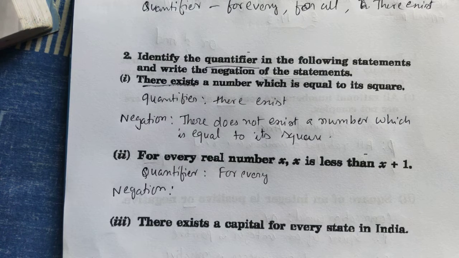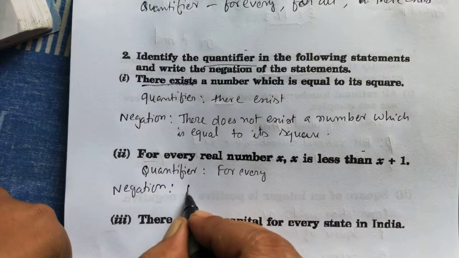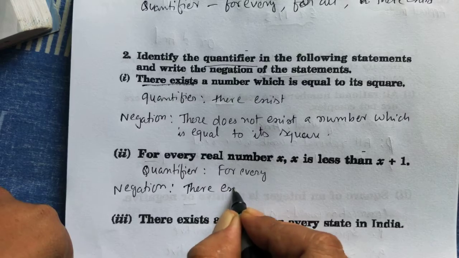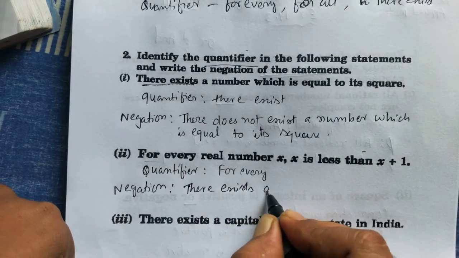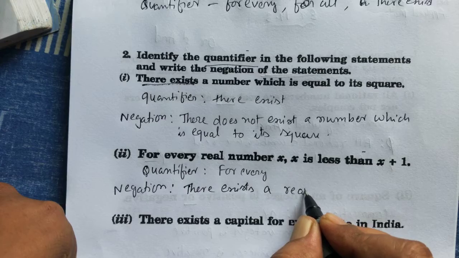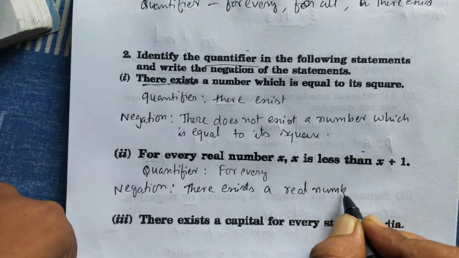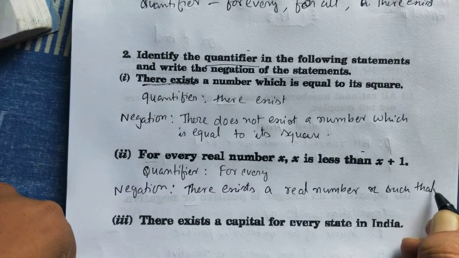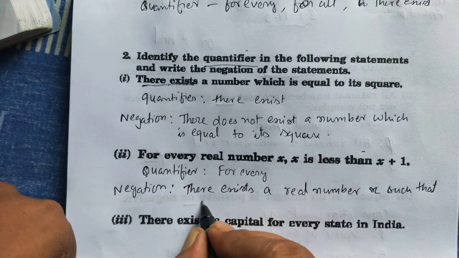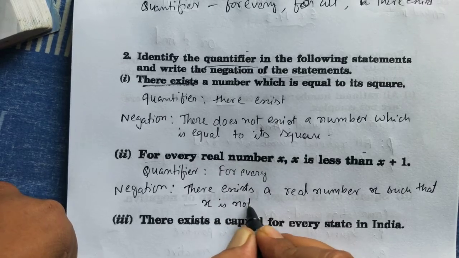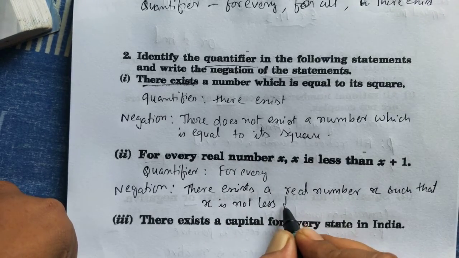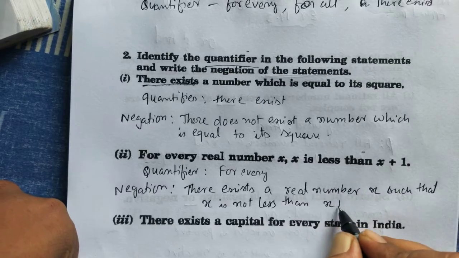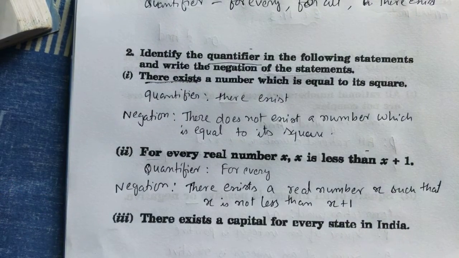Instead of for every real number x, x is less than x plus 1, we can write there exists a real number x such that x is not less than x plus 1.